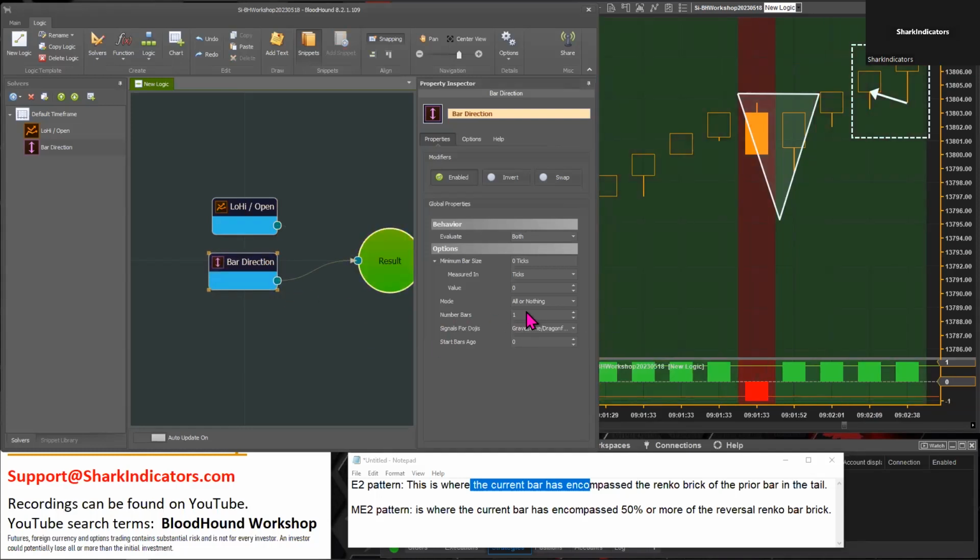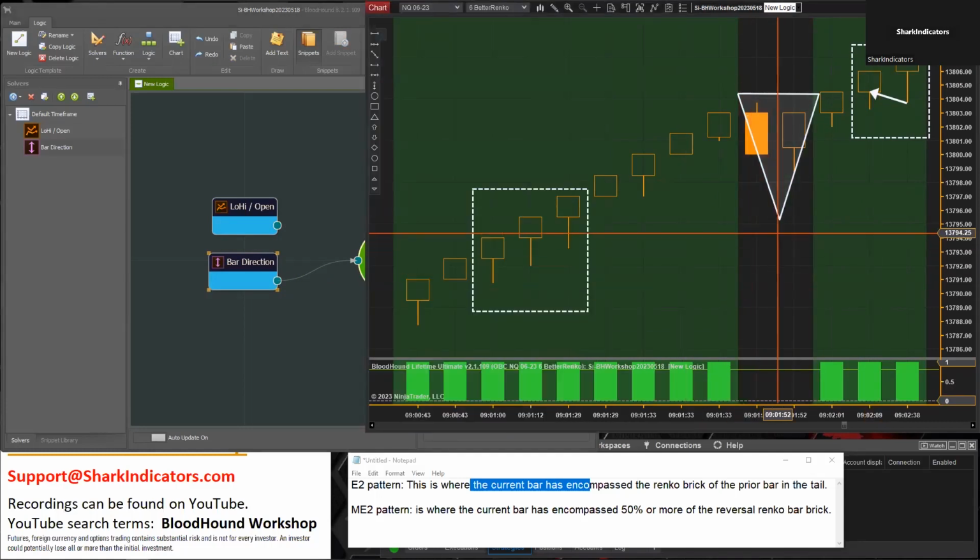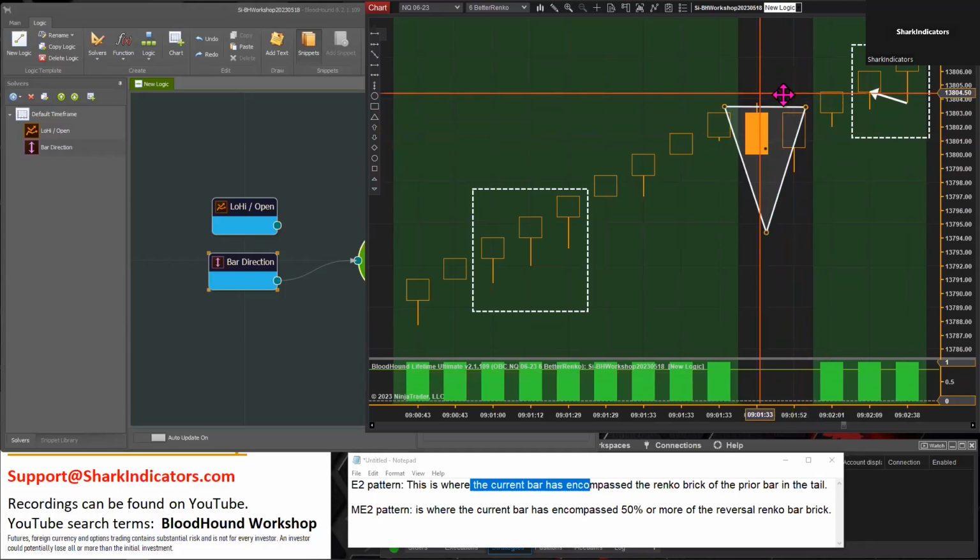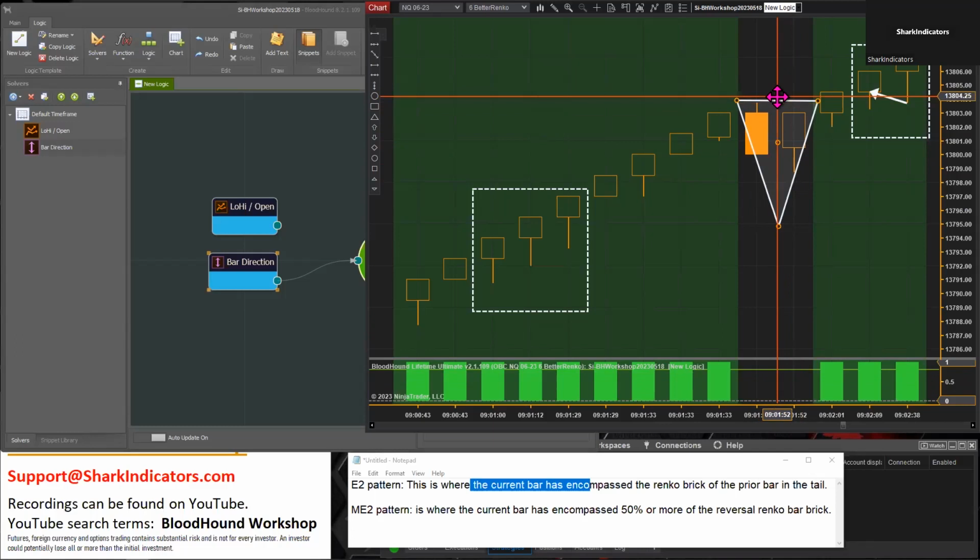And so the number of bars, we can increment that to 2. And so when we look at this, we can see that on this first reversal bar, there is no output. So that would invalidate this comparison here. But on all these other bars where we can compare the wick to the previous brick size, these all have a long output, validating it.